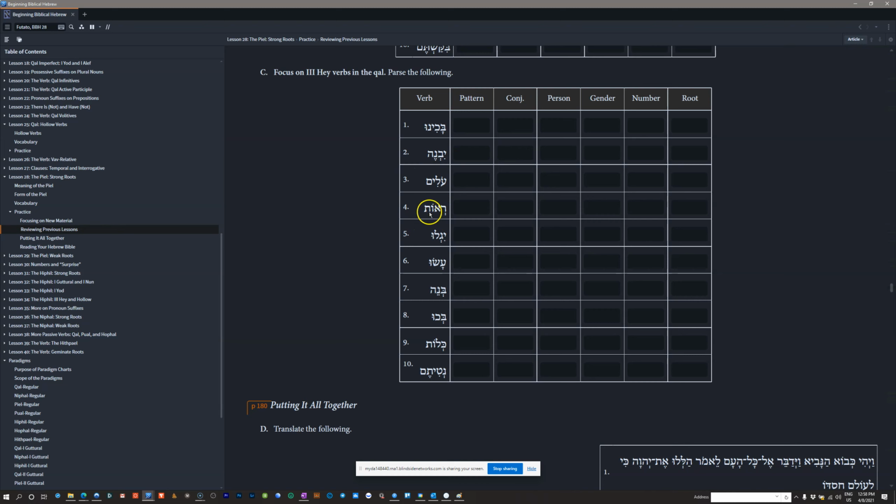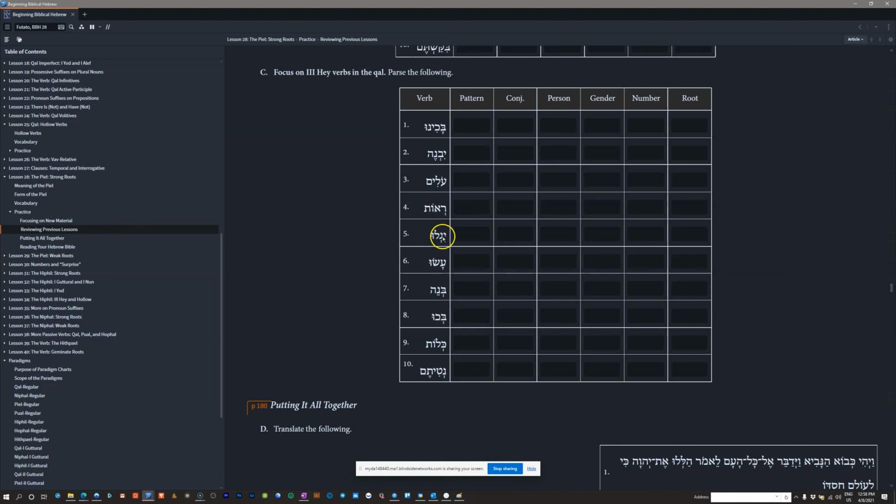You don't have to worry about whether it's a feminine plural ending. It is possible that this could be a feminine plural ending of the participle, but the difference here is the infinitive construct has the sheva in R1, whereas the participle would have a holem in R1.